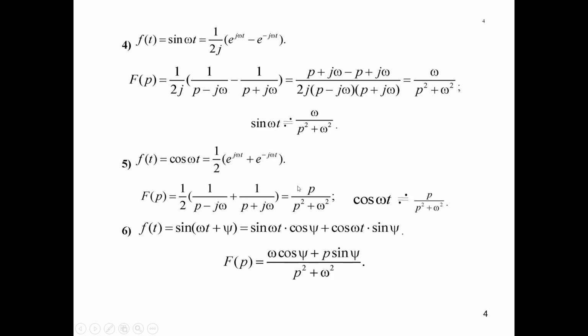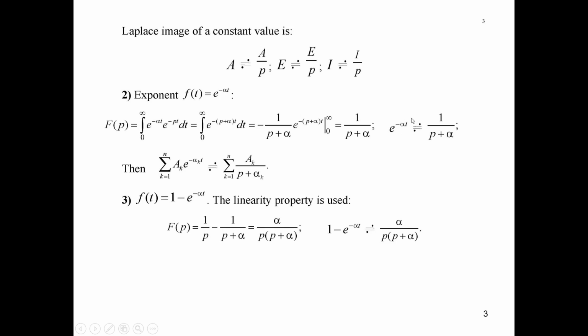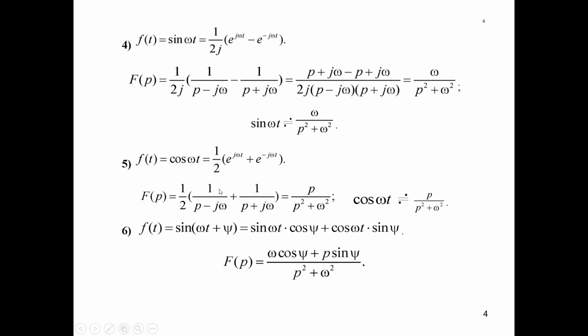It will be the exponential function e in the degree minus alpha t, which is 1 over p plus alpha. So it will be 1 over p minus j omega here, and here it will be 1 over p plus j omega, because the minus is already here.